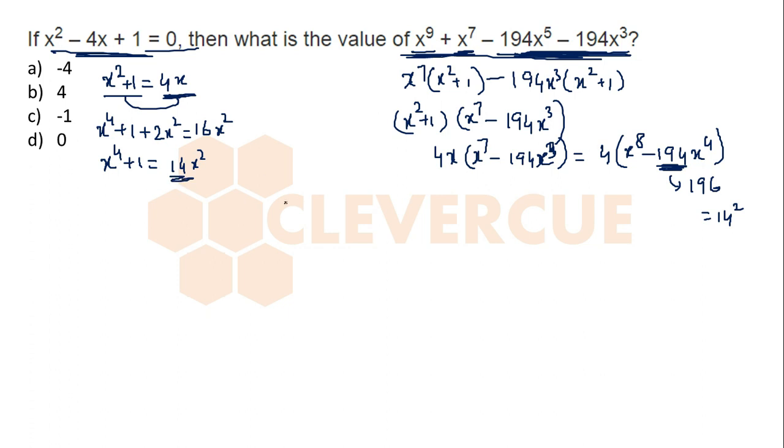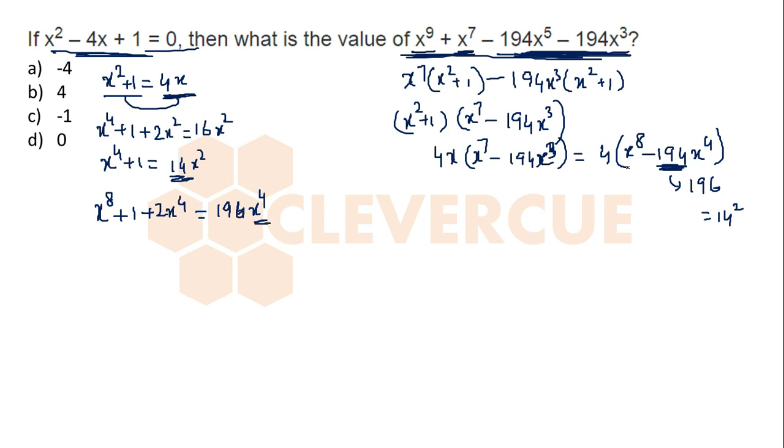Now this 14 is the square root of 196. So let us square this equation again. You have x to the power of 8 plus 1 plus 2 into x to the power of 4 is equal to 196 x to the power of 4.